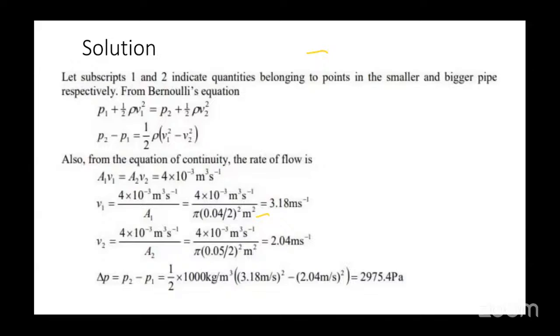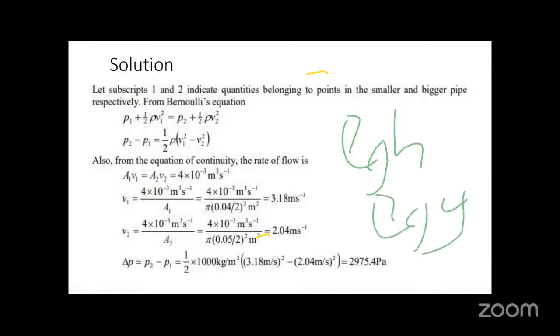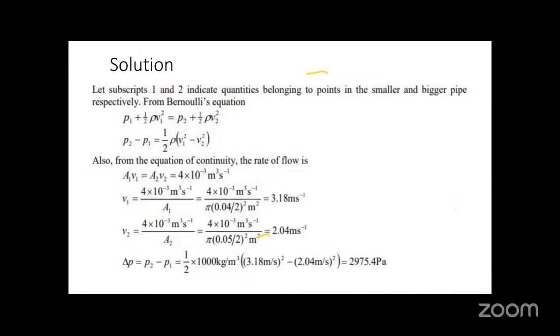Remember I said the part that has rho GH or rho GY will be eliminated because the pipe is laid horizontally. So that becomes 0. So it's as much as solving a problem related to Venturi tube.